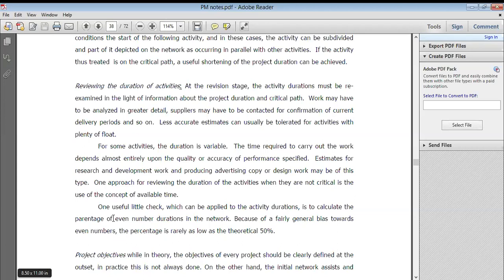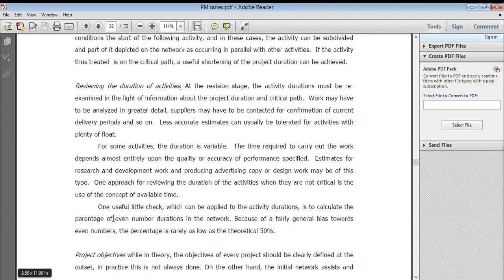So less accurate estimates can usually be tolerated for activities with plenty of float. Yes, so you just focus on that particular activity which is really important, and those which are not important, you keep outside. Just focus on the particular one at that time because you have plenty of work and very little time to fulfill it.